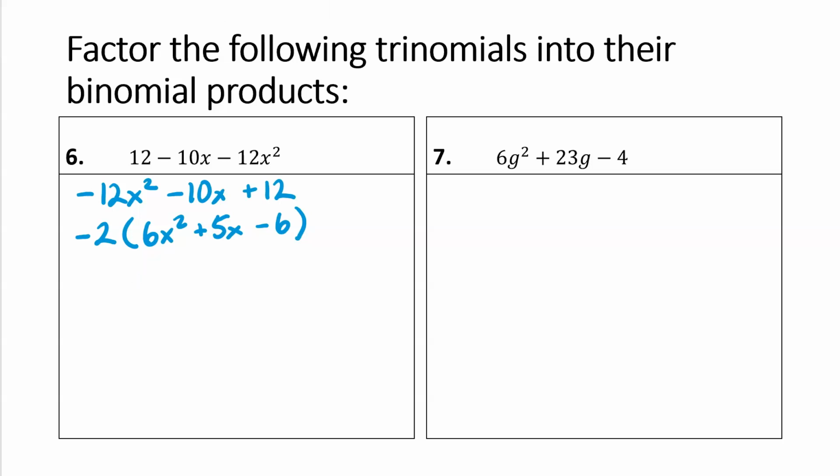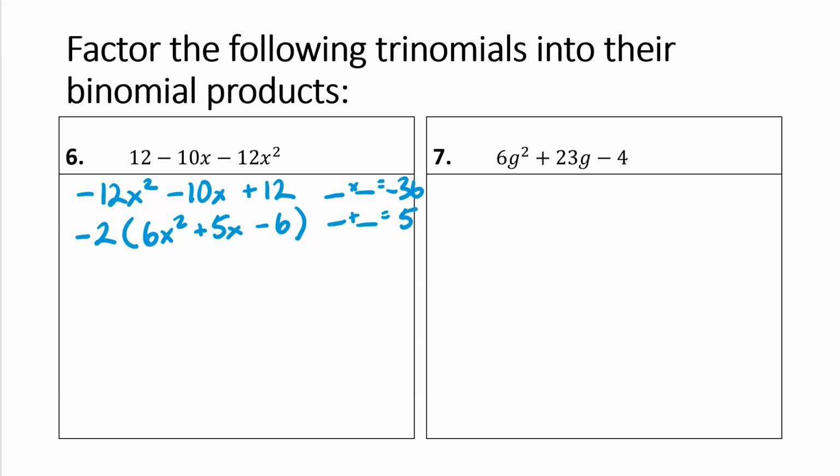Now we do our process, which is to find two numbers that multiply to give you the first times the last term. 6 times negative 6, which is negative 36. And those two numbers need to add to give you the middle term, which is a positive 5.